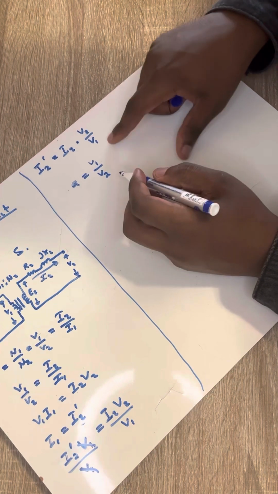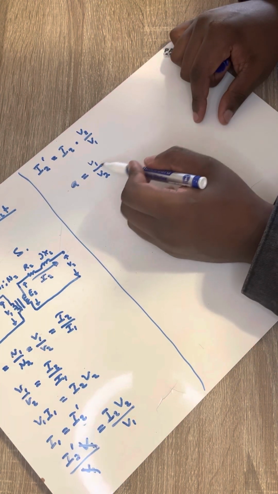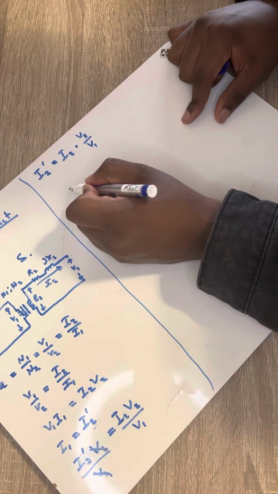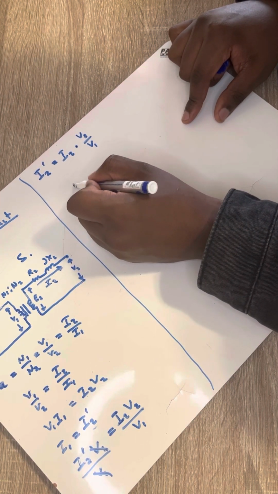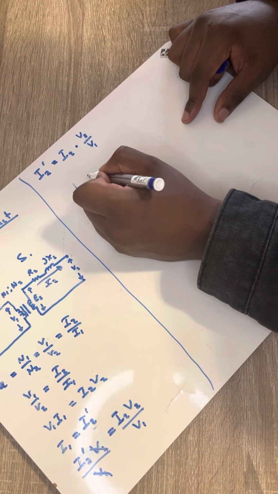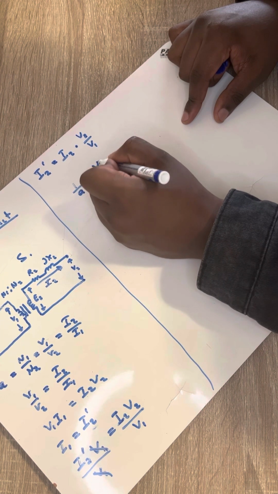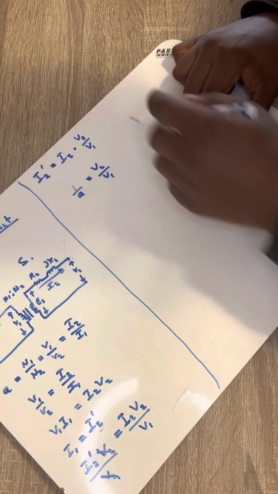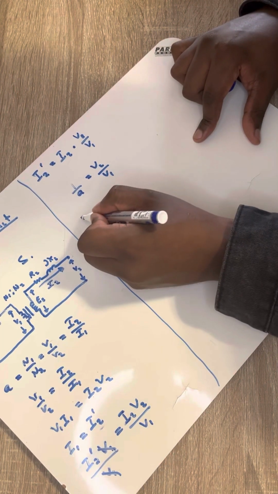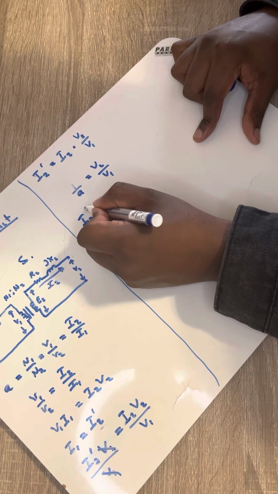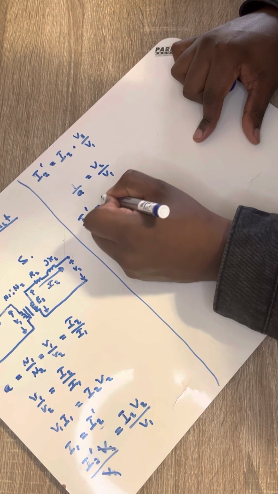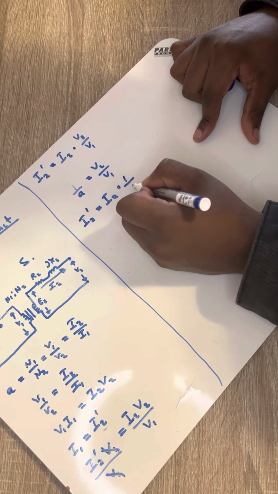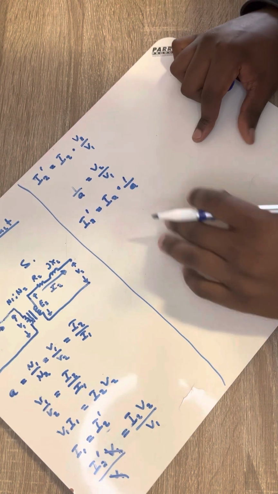But now we have a reciprocal of this, so this will now be 1 over A equals V2 over V1, right? So in this case, we have I2 prime equals I2 multiplied by 1 over A, right?